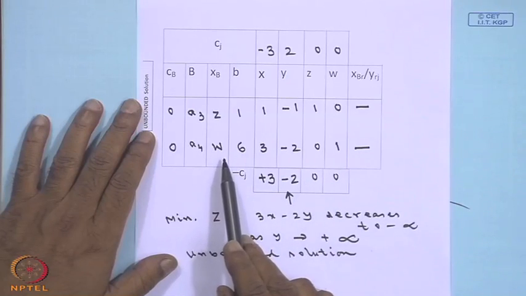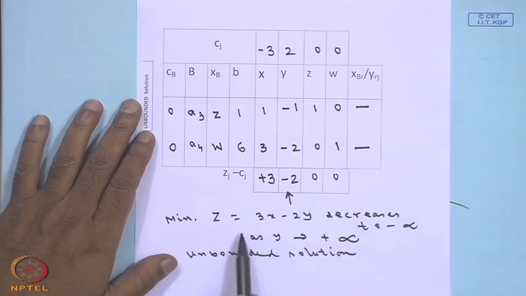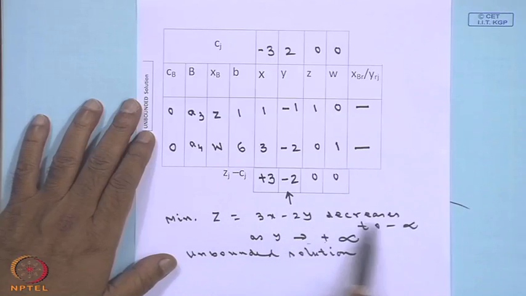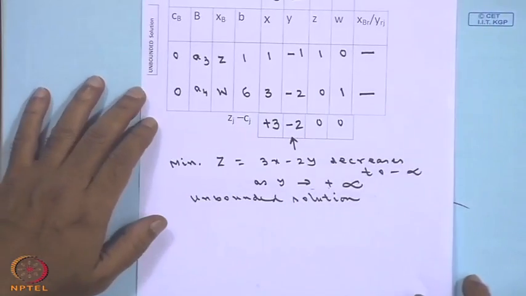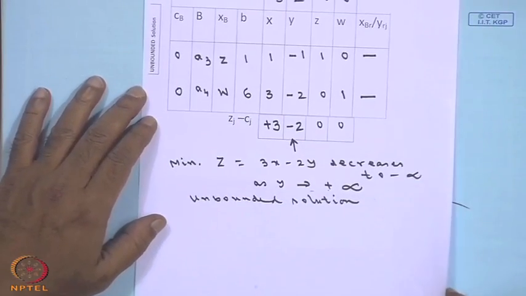And the reason is also clear from the objective function z equals 3x minus 2y. If you go on increasing y, that is, whenever y approaches plus infinity, this z value will decrease to minus infinity. Therefore, there will be an unbounded solution for this case.